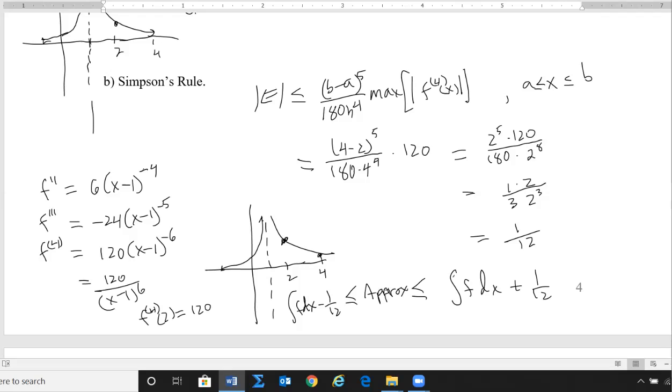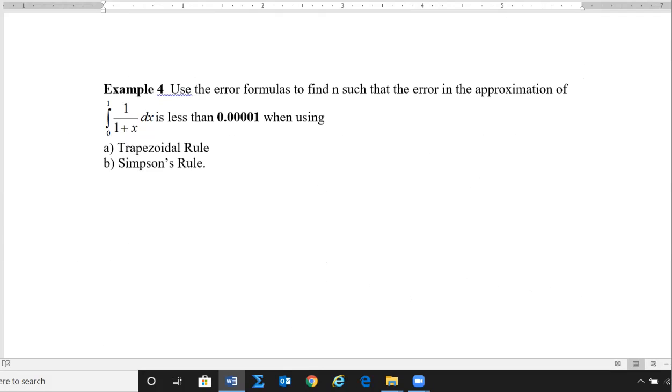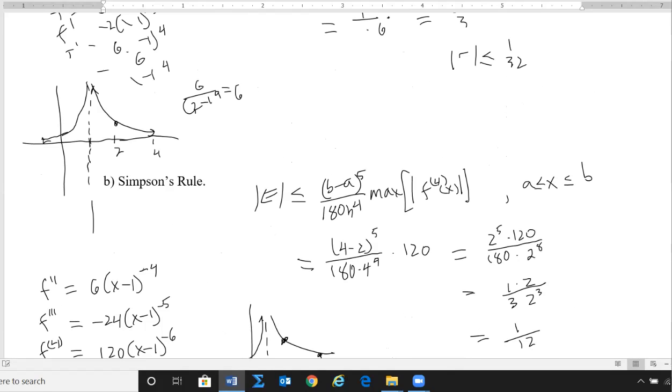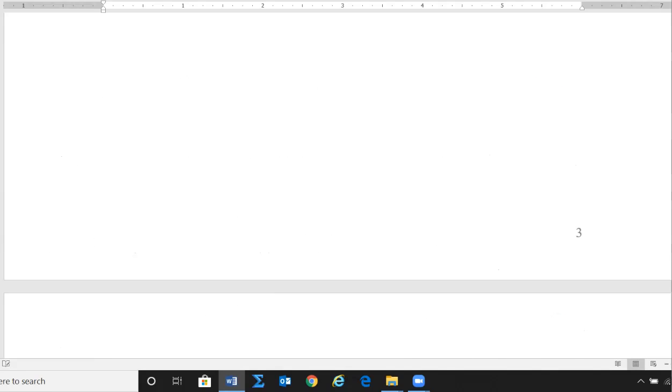Okay, anyway, something else I want to mention, that was just one more thing. In that last example, we ended up with an exact answer.